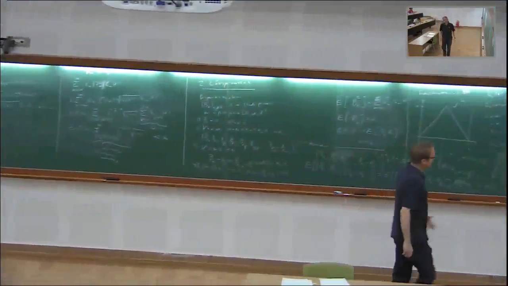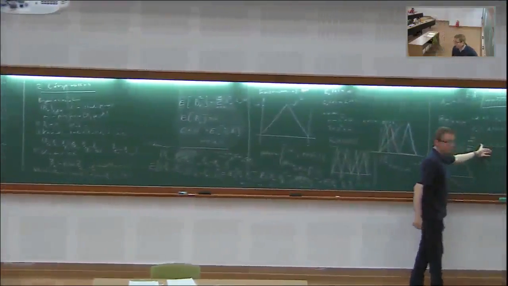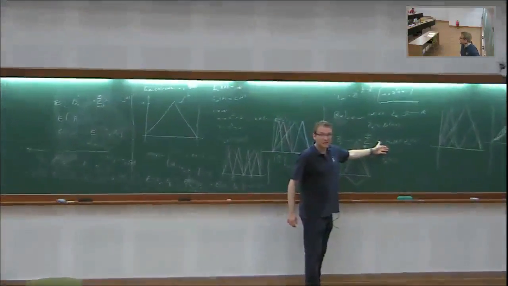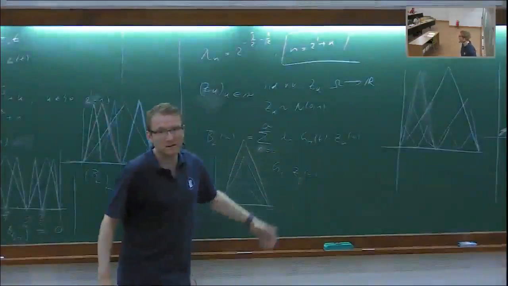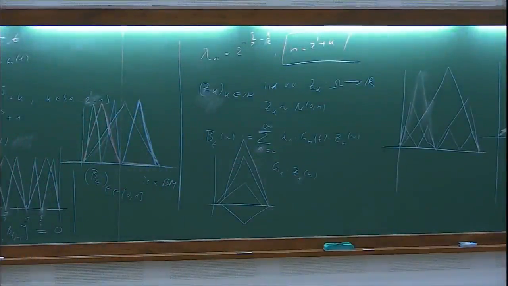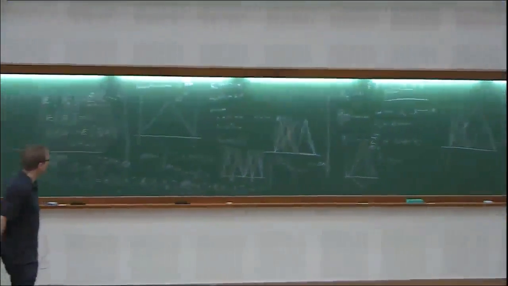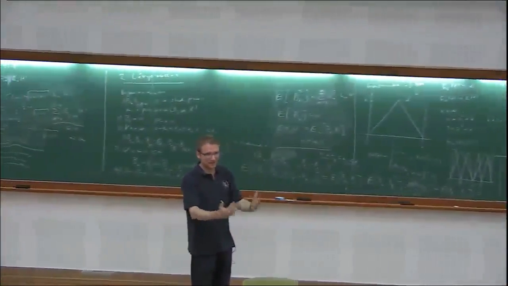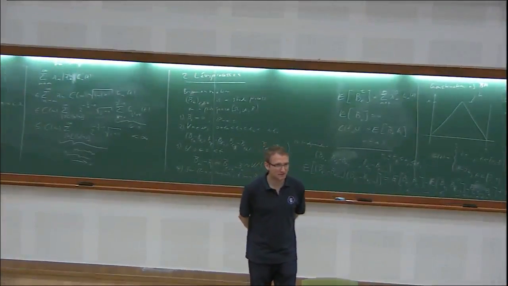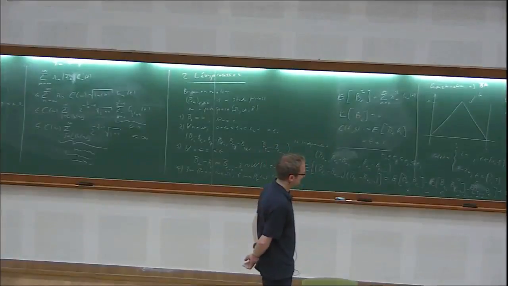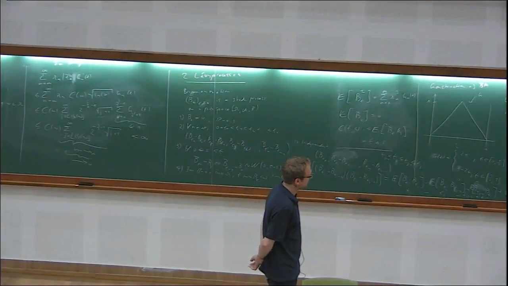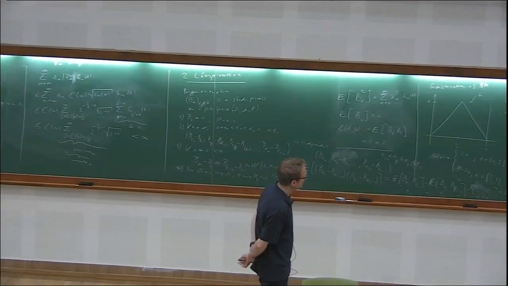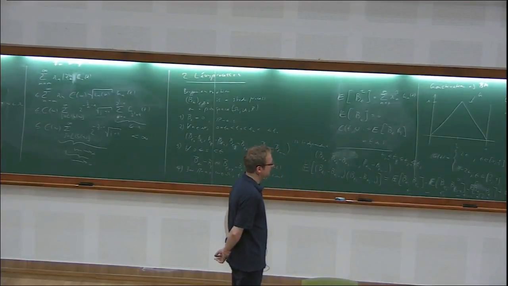Because we're summing up, this is just summing up. Yeah, but Gaussianity of the vector means that you only take finitely many points.